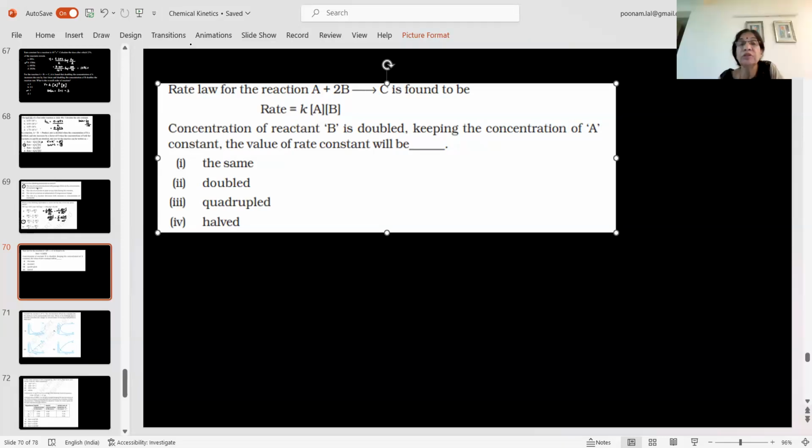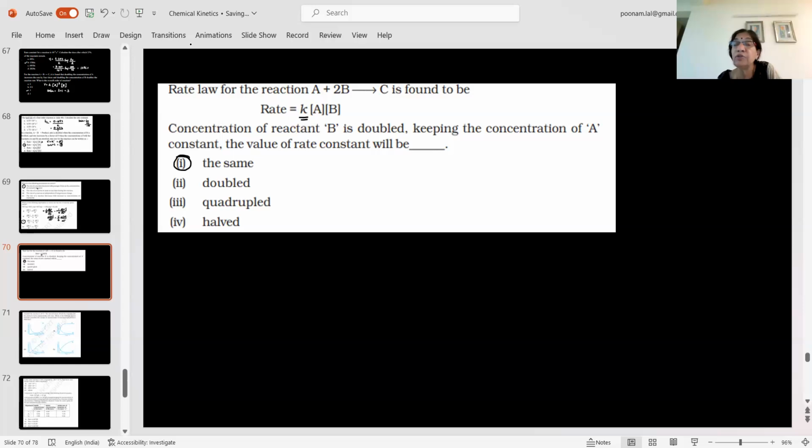If I change the concentration of B, will the rate constant change? That is the question. Will the rate constant change? It will remain the same, ma'am, because it is a rate constant. Rate constant does not change with change in concentration. There is only one way by which the rate constant will change.